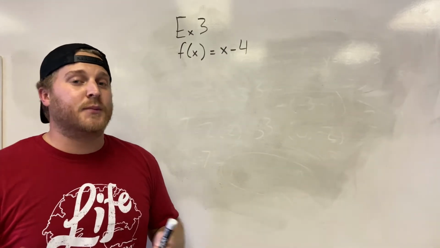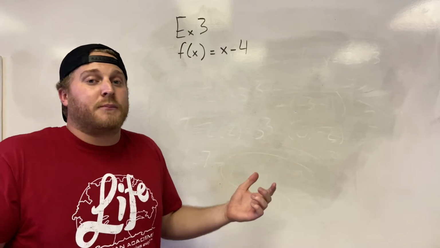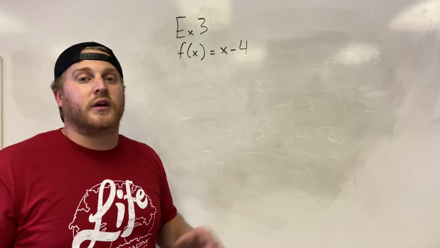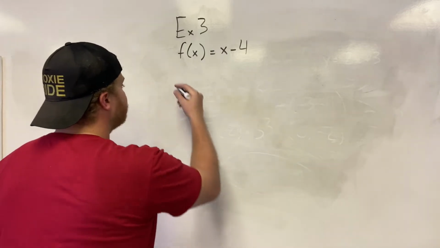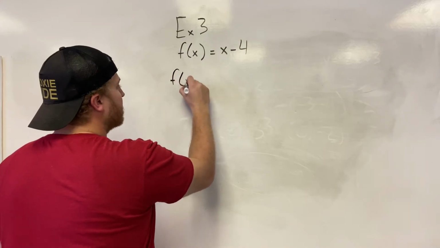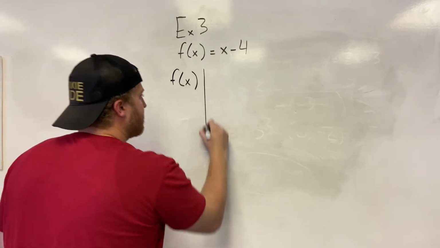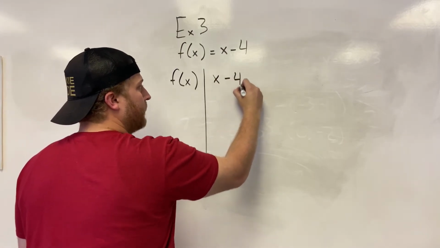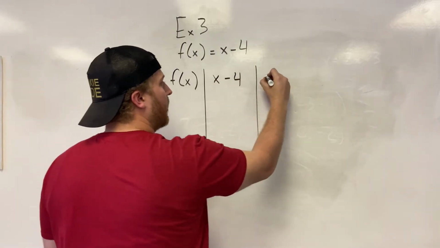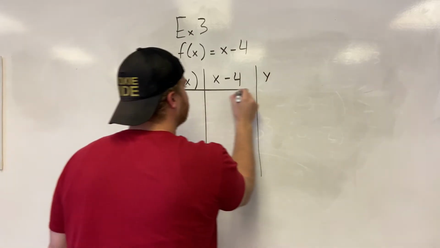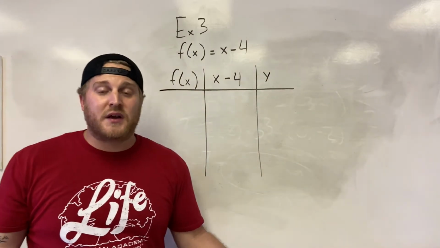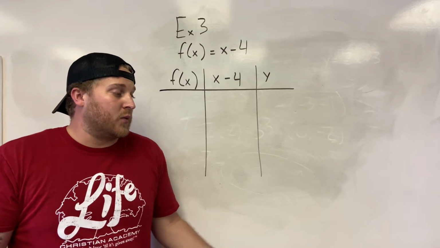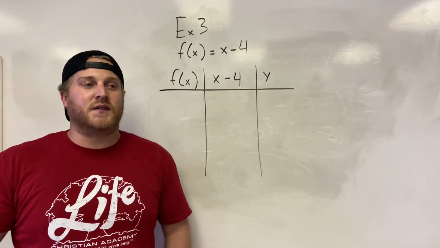We're going to set up a table like we've been doing, and then we're simply going to pick whatever 3 x coordinates we want. So let's set up our table. We have x, f of x, our formula x minus 4, and then our y coordinate. Because we get to pick whatever x coordinates we want, let's make it easy on ourselves, okay?